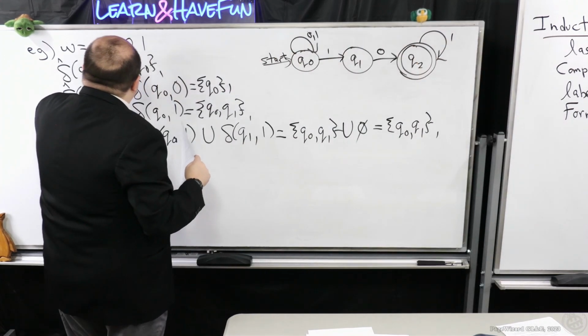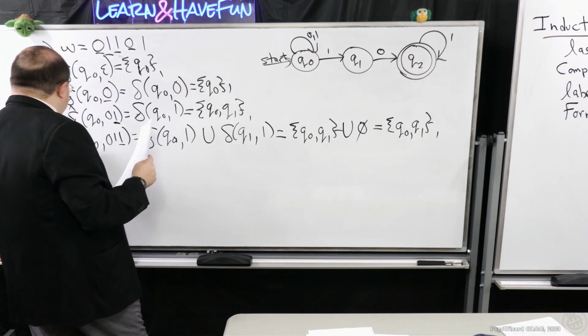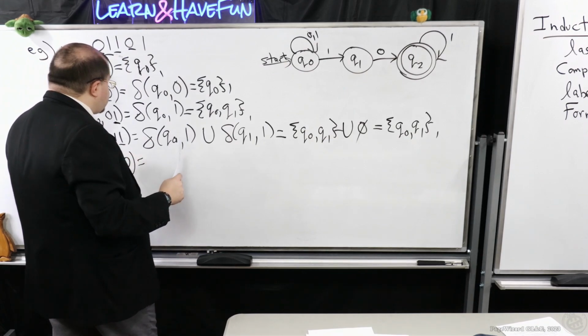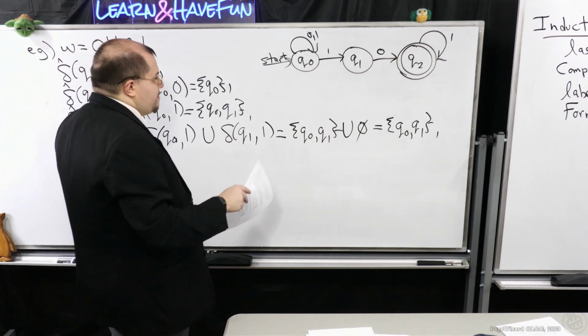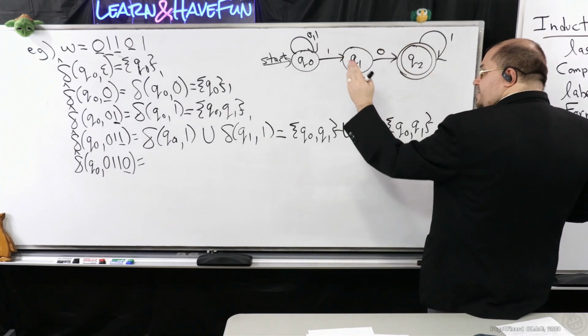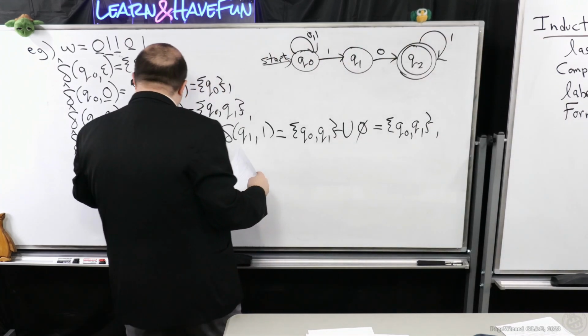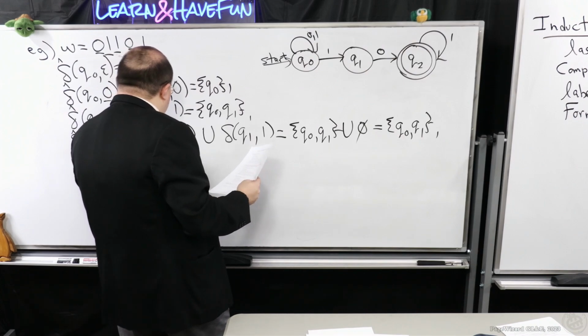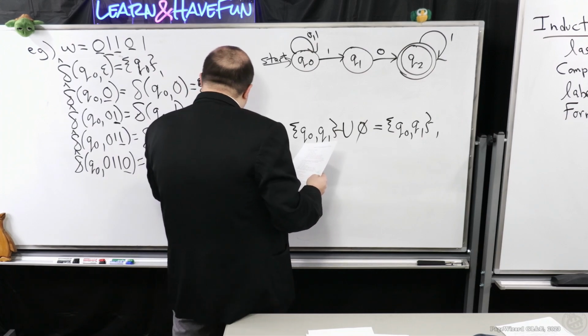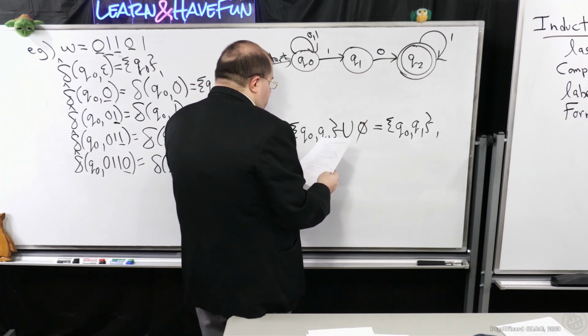Let's consider the next symbol: delta hat of q0, 0, 1, 1, 0. That means I apply the transition function to q0 and then q1 on symbol 0. Delta of q0 on 0, union delta of q1 on 0.